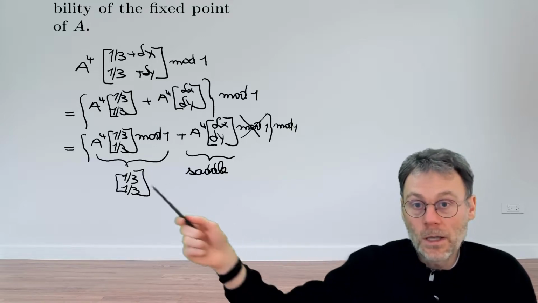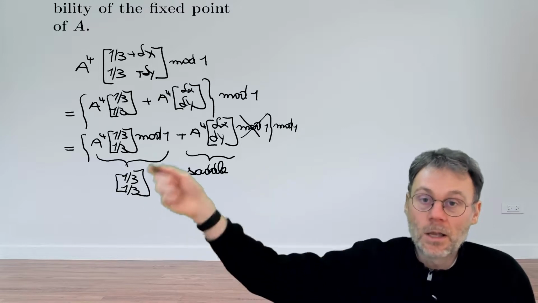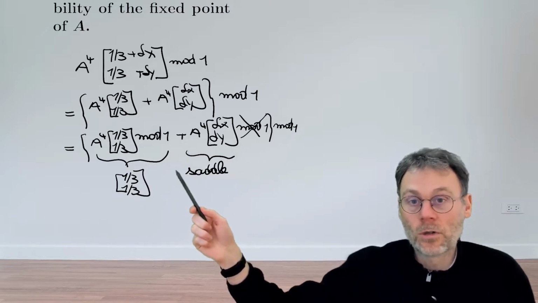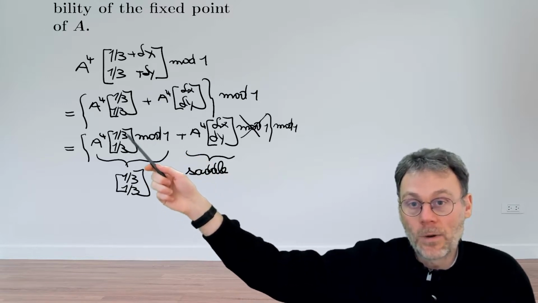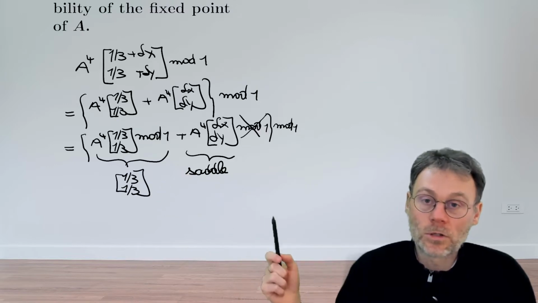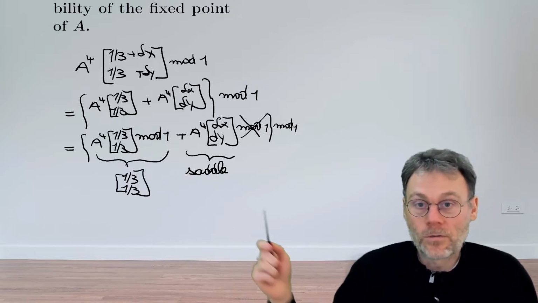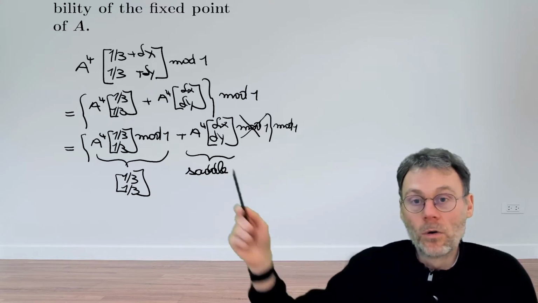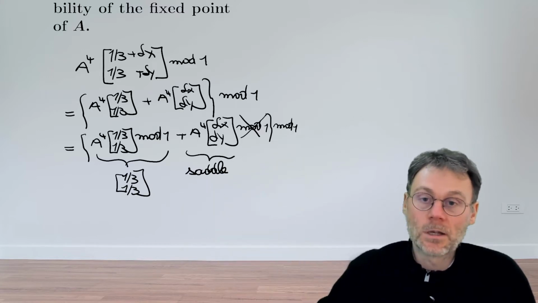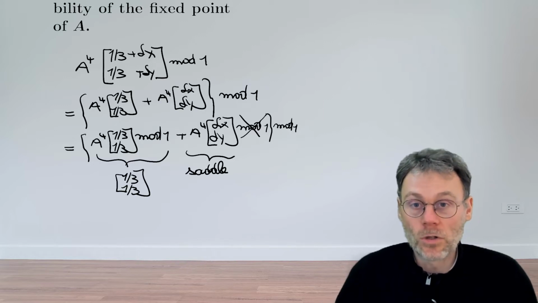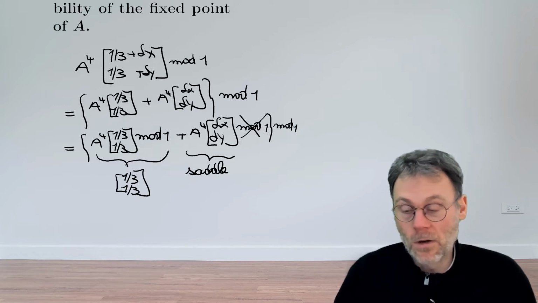So on the whole, if we combine everything here, then we can also conclude that for the fixed point of the map A applied 4 times, mod 1, the point 1/3, 1/3 will also be a saddle point, because for most of the directions, the perturbation will run away. Only on the stable manifold here will the perturbation get to 0. So this is the final conclusion of this trinity of exercises.